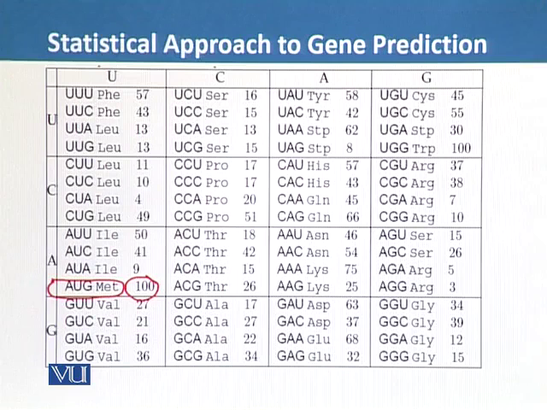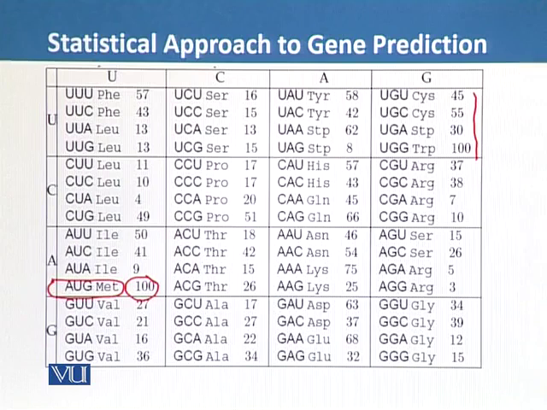The numbers next to each codon reflect the frequency of that codon's occurrence while coding for the amino acid. These are the numbers in front of each amino acid, and they show the frequency of that codon.